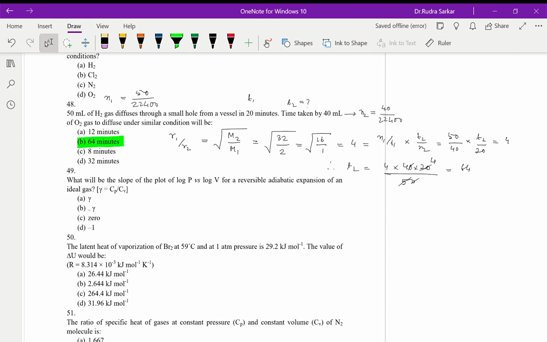Again, what will be the slope of the plot of log P versus log V for a reversible adiabatic expansion? So for a reversible adiabatic expansion, we know PV to the power gamma equals constant.